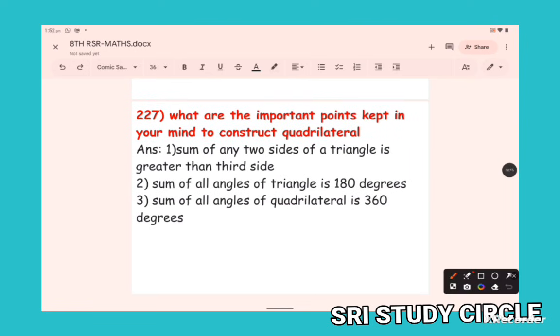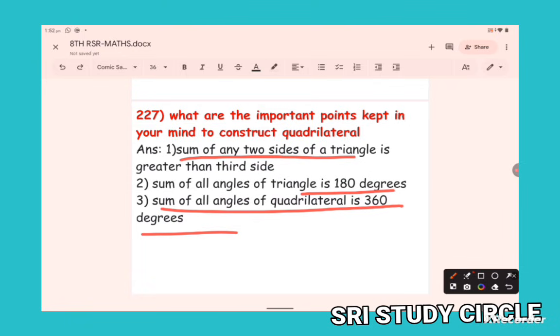What are the important points to keep in mind to construct a quadrilateral? First, the sum of any two sides of a triangle is greater than its third side, and the difference of any two sides of a triangle is less than its third side.